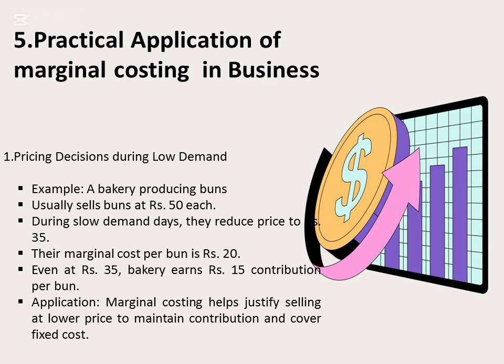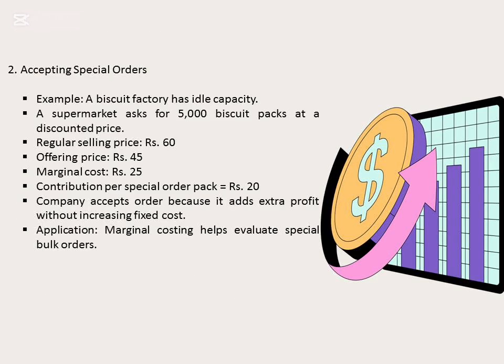Here the contribution is calculated by subtracting the variable cost from the selling price. As an application here, marginal costing helps justify selling at a lower price to maintain contribution and cover fixed costs.